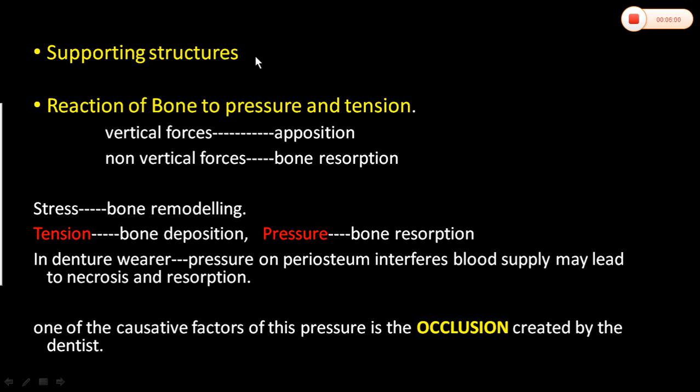For example, pressure on the bone for a limited time does not cause any change in the bone. If pressure occurs on the bone for a long time, for example, you press your hand for a long time, you get numbness. If you press for a while, it does not cause any pain or harm to you.